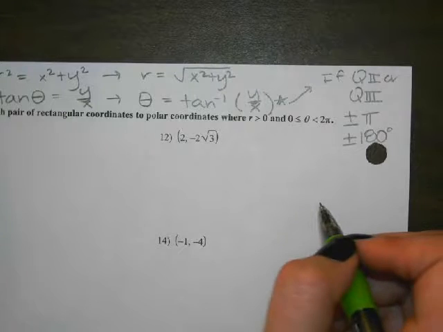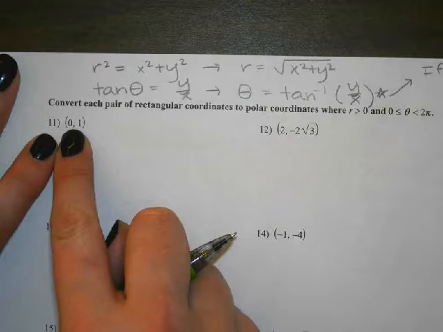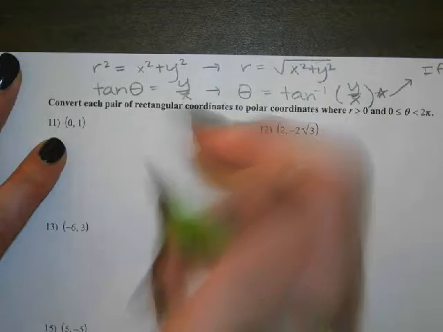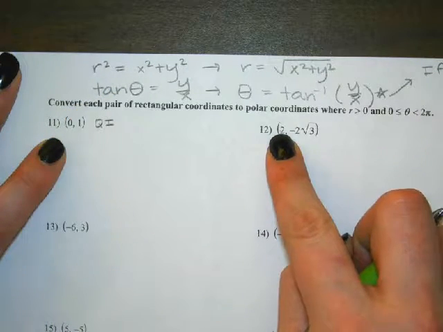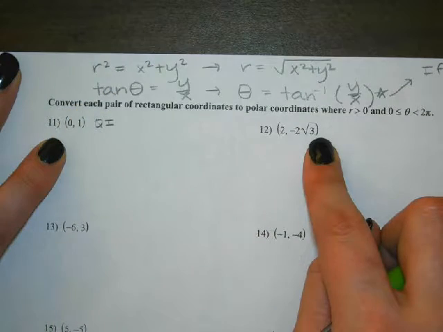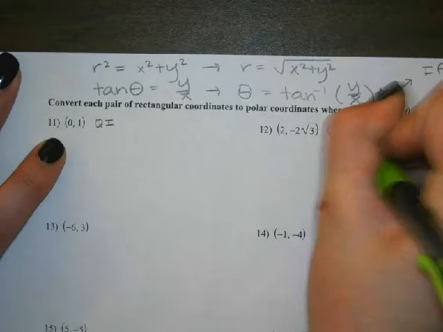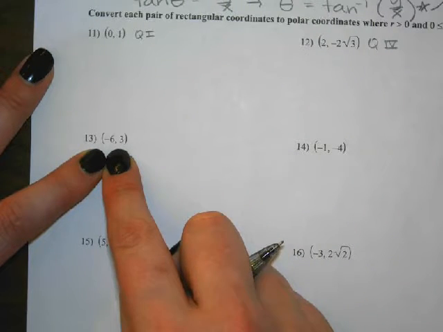So this first problem goes to the right, well, it's 0, but it goes to the right and up. So what quadrant would that be? First quadrant. This one goes to the right and down. Quadrant 4. This one goes to the left and up.